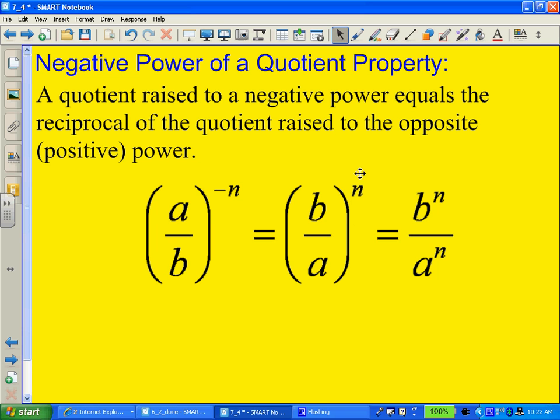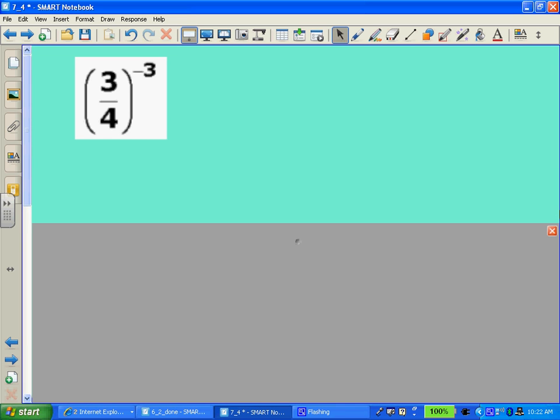Okay, see here it went from a over b to b over a. And when I do that, I'm going to change the power to positive. So a over b to the negative n is the same as b over a to the n. And then I use the property that we just learned, that the power goes to each part of my quotient. So these can get kind of fun here as we go along.